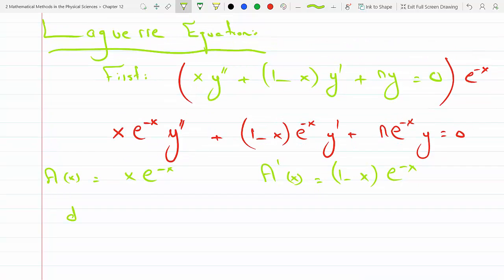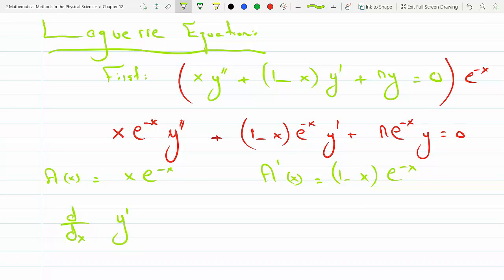Since I know that the product rule would generate the first two terms, I could rewrite this as y prime times x e to the minus x, plus, so this takes care of the first two terms, and then I have n e to the minus x y equals 0.